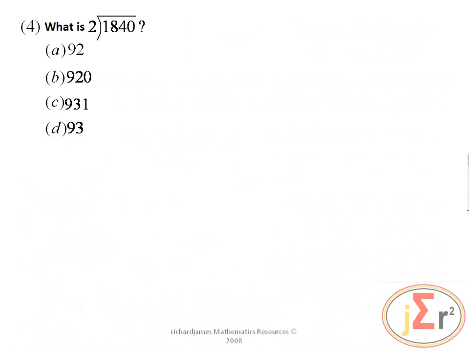We are dividing by 2. And 2 is the divisor. And the number that we are dividing into, what is that number, Jerry? 1,840. Right. So 1,840 is the dividend. And the answer when we divide is called the quotient.